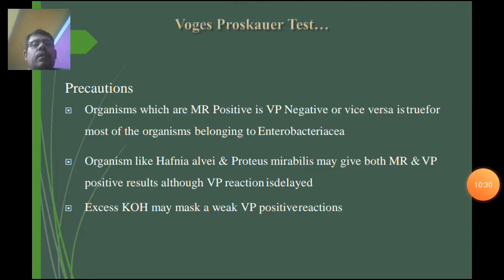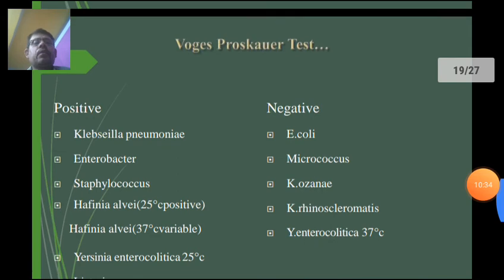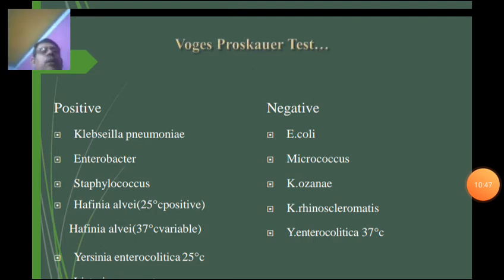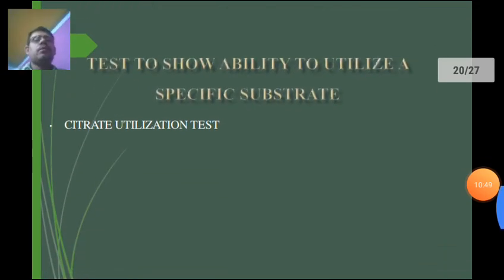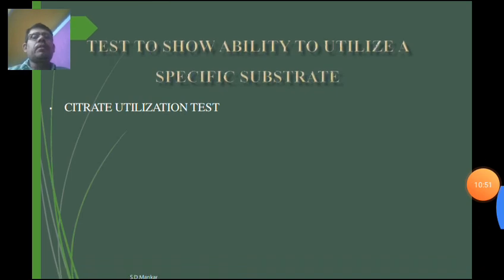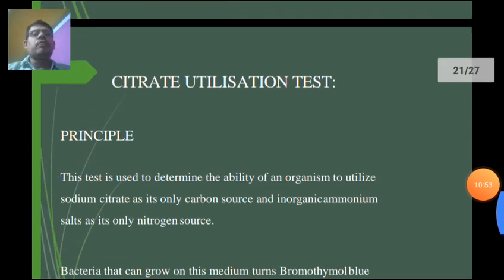Excess KOH may mask a weak VP positive reaction. The Voges-Proskauer test is positive in case of Klebsiella pneumoniae and negative in case of E. coli and other organisms.